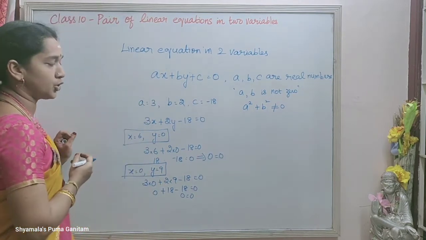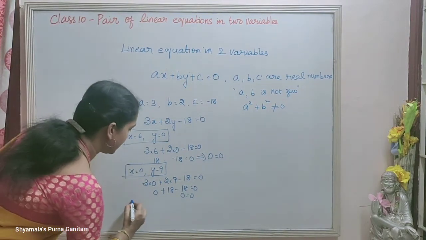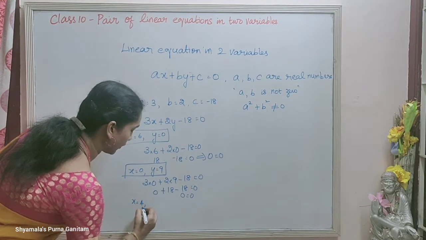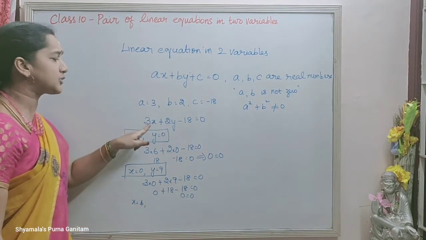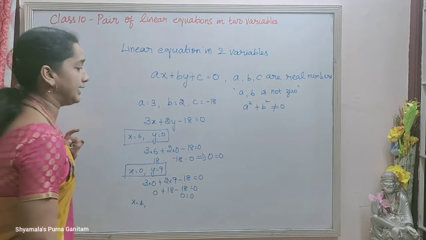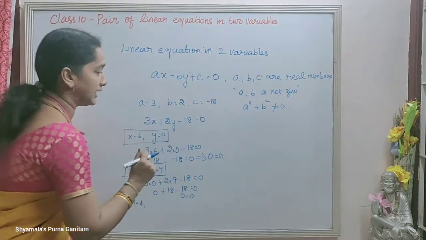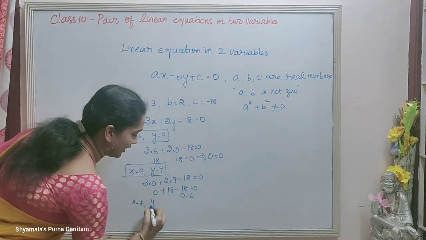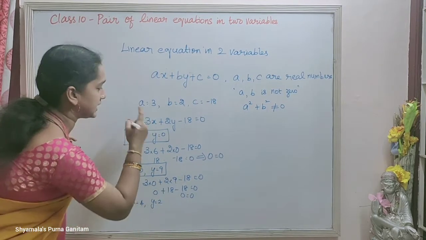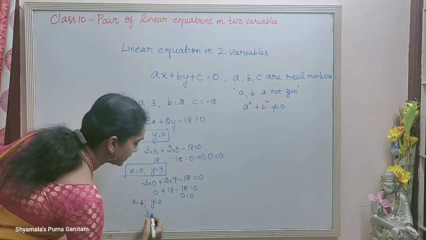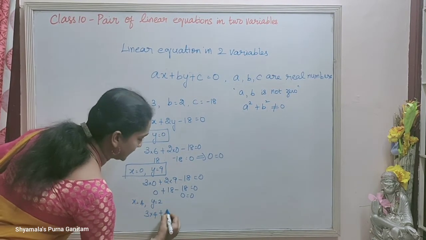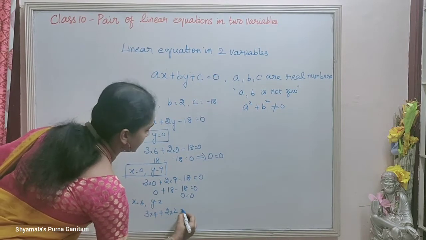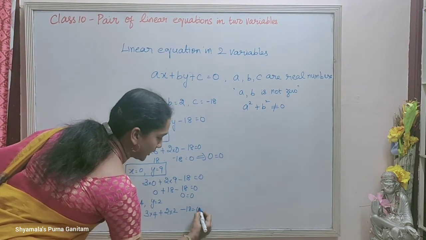One more solution we will find, when we take x value as 4 and y value as 2 and substitute it. We get 3 into 4 plus 2 into 2 minus 18 is equal to 0.